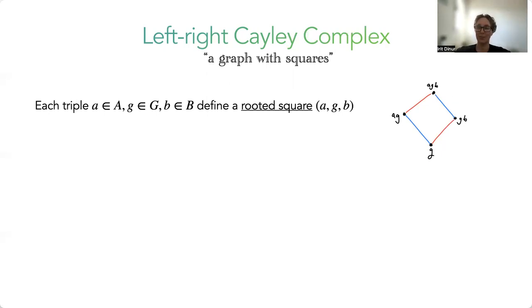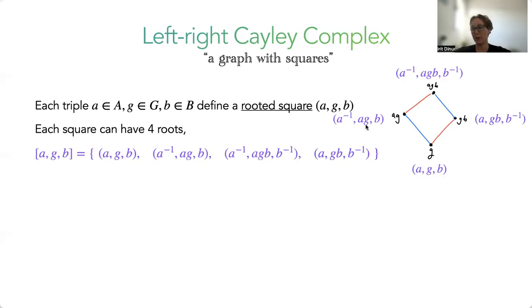Now, of course, you can see that this square, as we looked at it from the point of view of G, as like the root. Of course, we can look at different vertices as the roots. So each square can really have 4 different roots, right? For example, I can look at the top vertex, AGB, think of it as the root, and then with A inverse, I move to the left neighbor, and with B inverse, I move to the right neighbor, or to the blue neighbor.